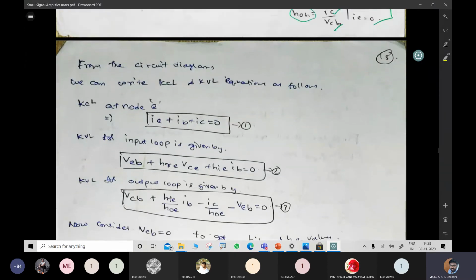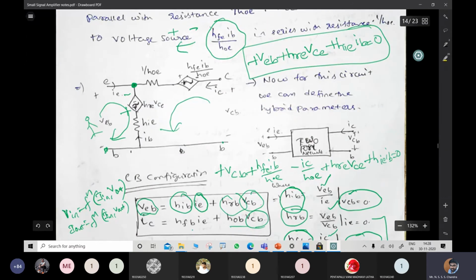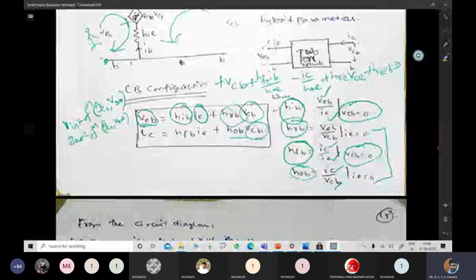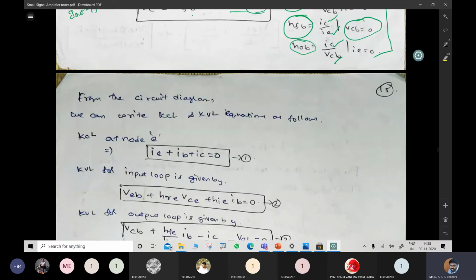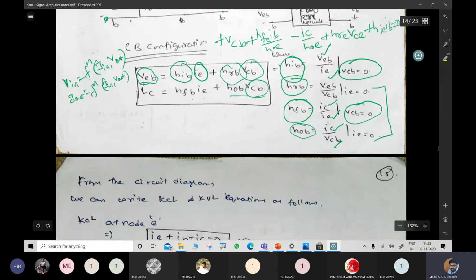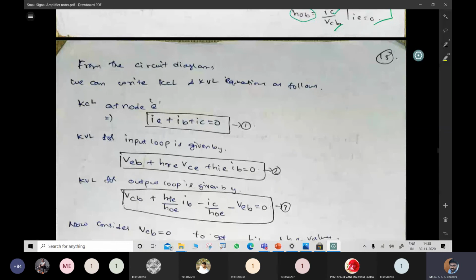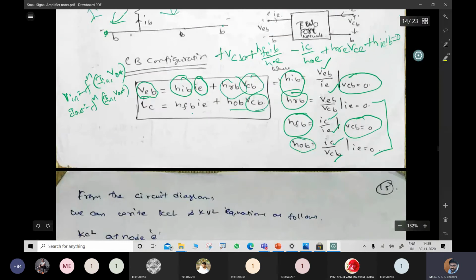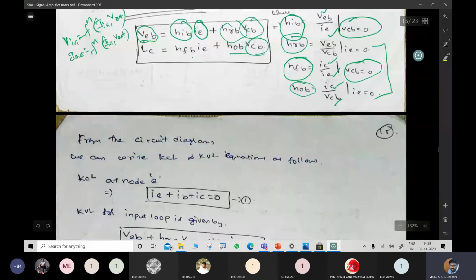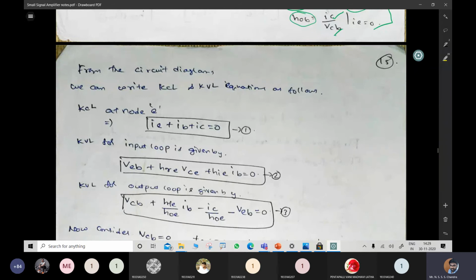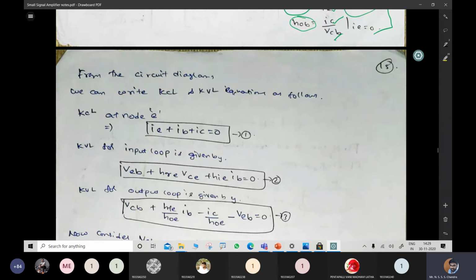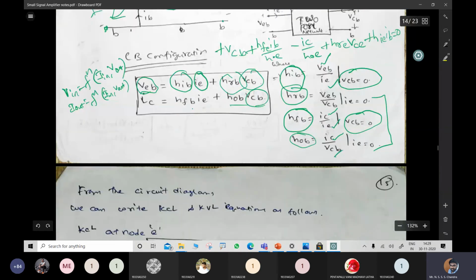So plus VEB plus HRE VCE plus HIE into IB equal to 0. For the output loop, plus VCB plus HFE by HOE into IB, and then minus IC by HOE.